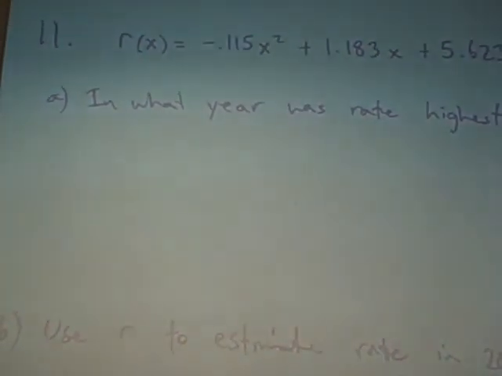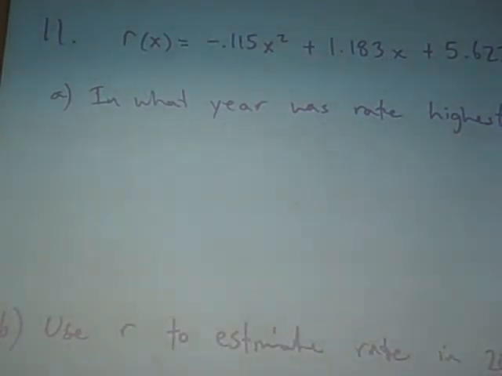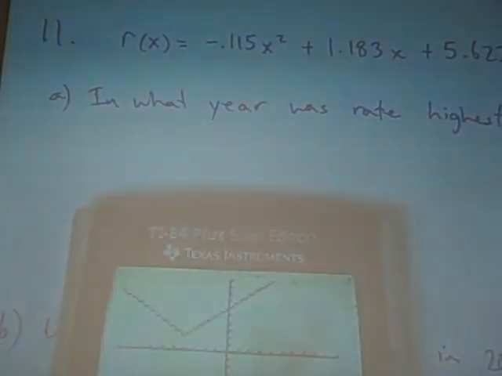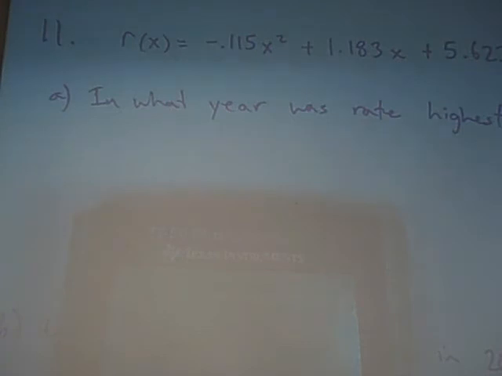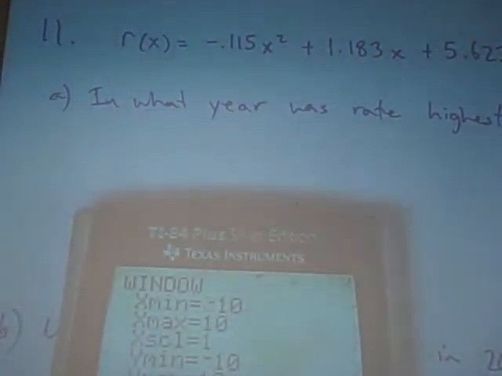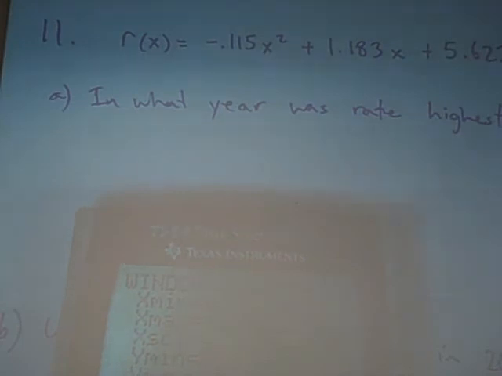Number 11, we're given a function, and we want to know in what year was the rate the highest. So I think I've already got this function in here. Our window, we want to go from 92 to 2007, so it's like 0 to 15 for the x's, and for the y's, it's a rate, so maybe 0 to 10 or something.